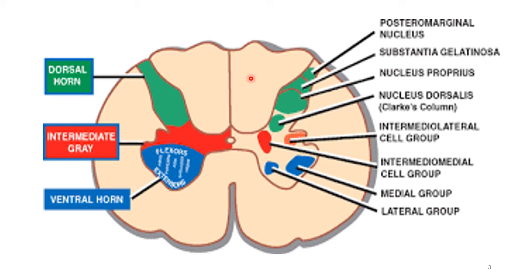There are two distinct parts visualized when we cut the spinal cord transversely. The inner side, in the form of an H, is the gray matter, and outside is the white matter.